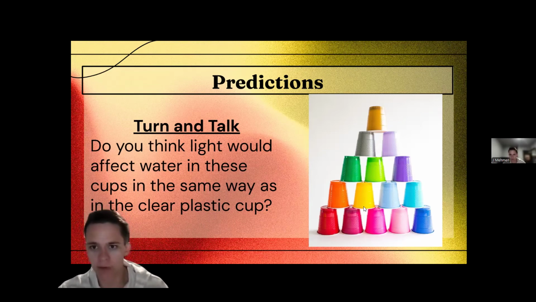So, thinking about whether it's transparent or opaque, do you also think the color that our cup is painted might affect how the liquid inside warms up? We see that there's a lot of different colors of cups here. And so maybe color might also play a role in determining how the light affects this liquid.